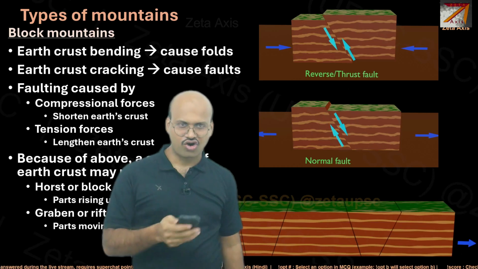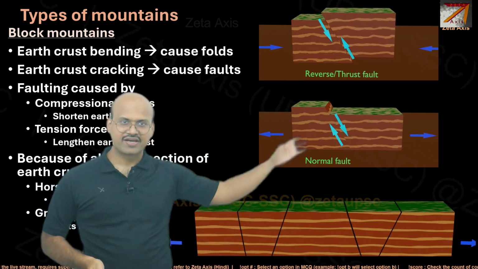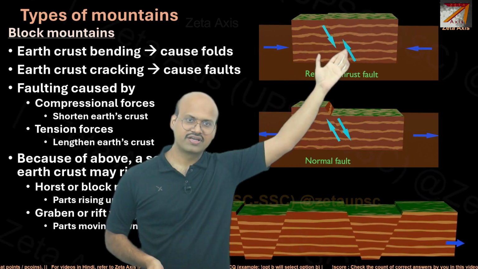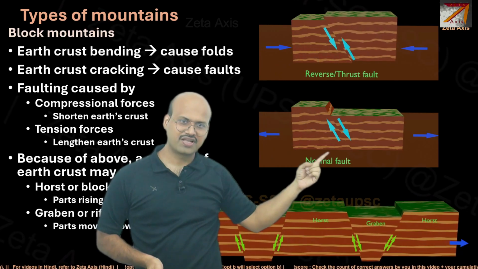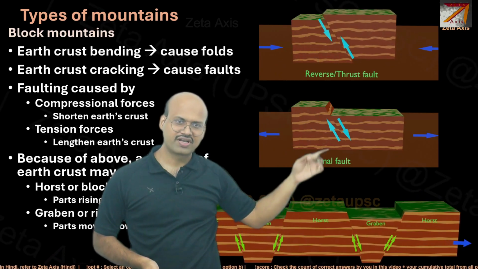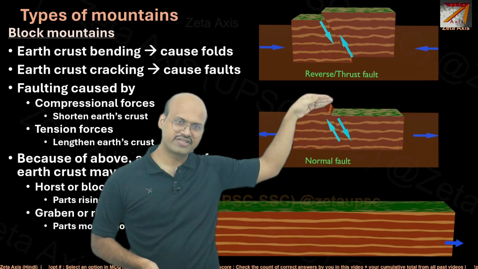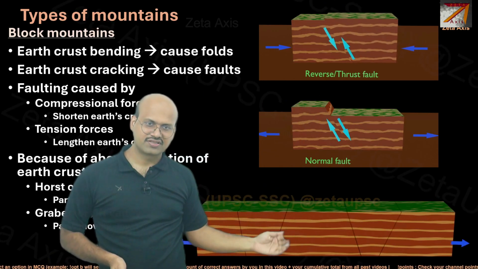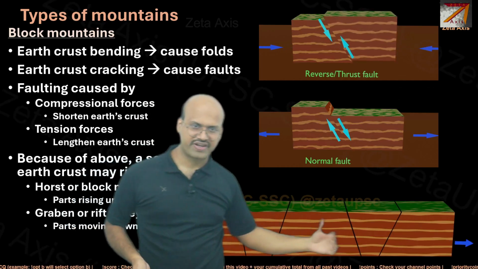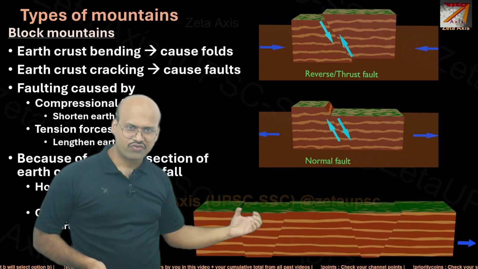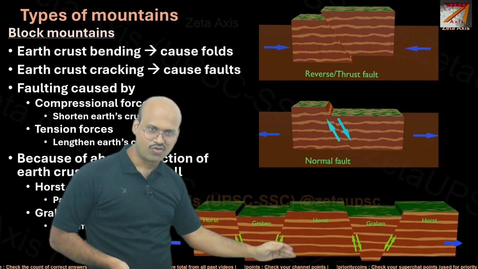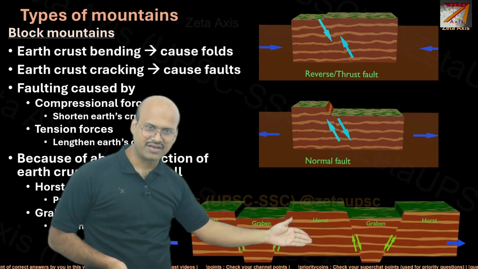If I run all of these three videos, you can see that because of this compressional force, a fault is created, and along this fault, this part is sliding up. Similarly here, there is a normal fault, and this part of the land block is moving downwards. Because of tensional forces, one part of the landform can move downwards while the other part remains at its position.